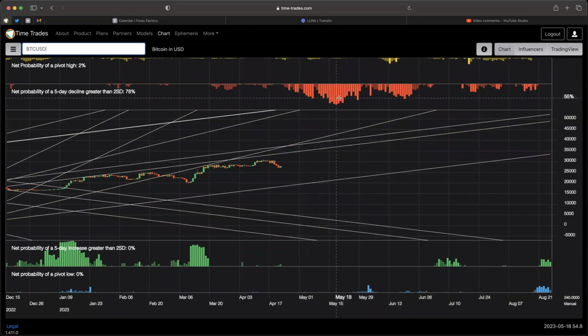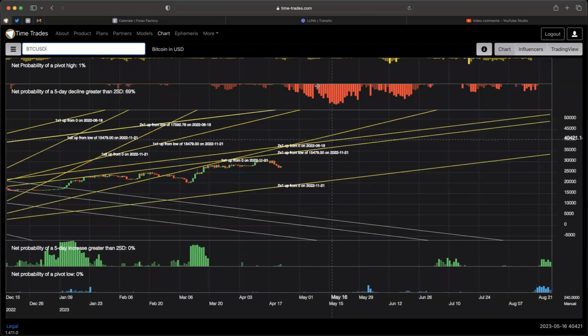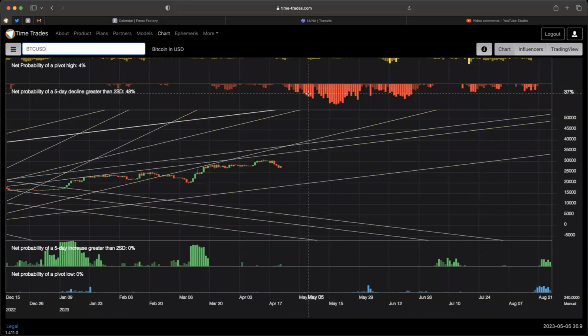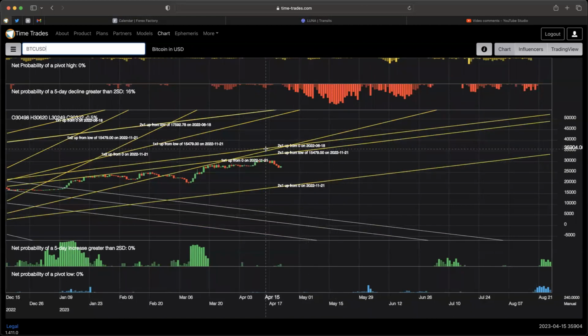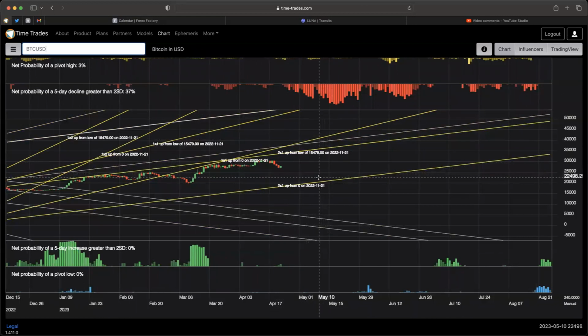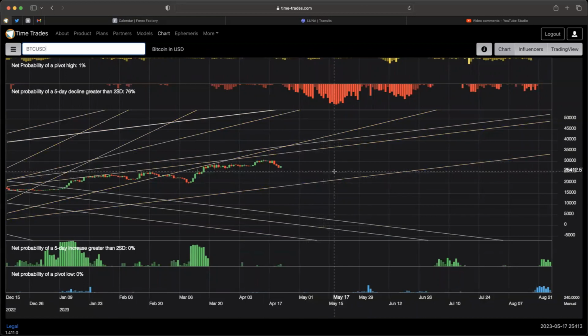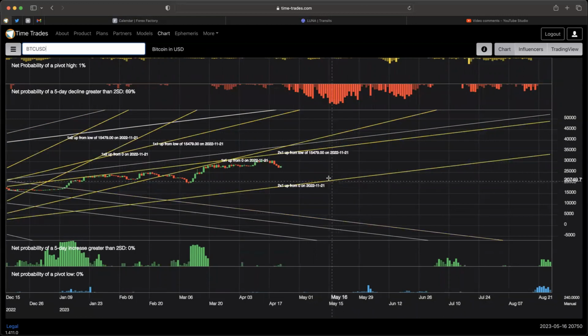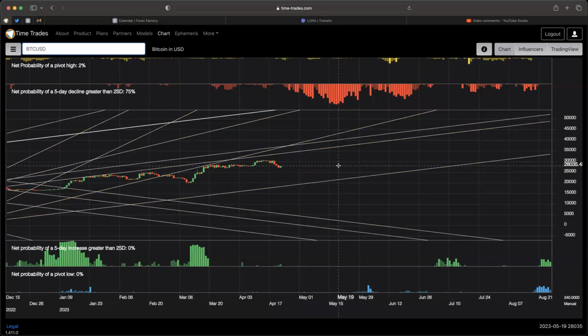I'm not saying, oh my goodness, Bitcoin's going to 10K in mid-May. I don't think that's in the cards. I think what could happen here is we could see a continuation of this correction, and then there's a possibility of an inversion sometime in May, where this could switch and indicate probabilities of a move up.